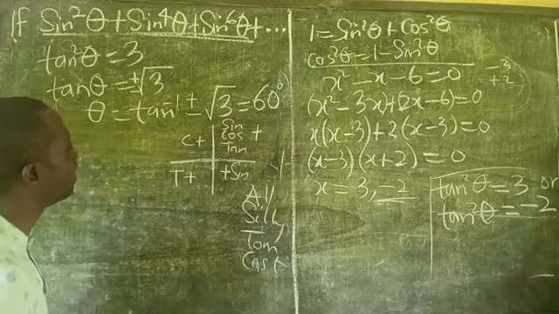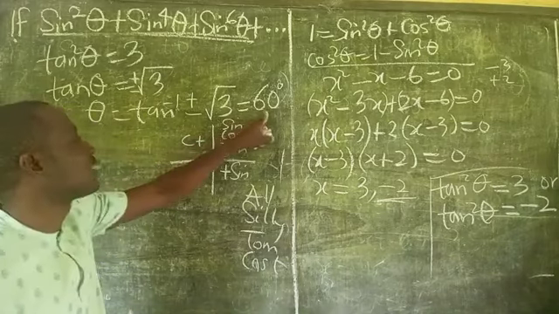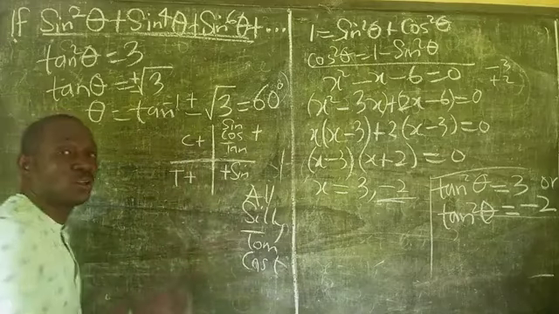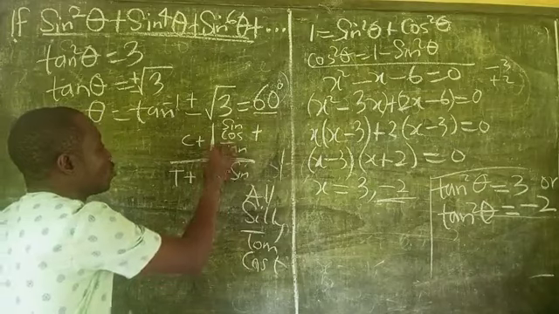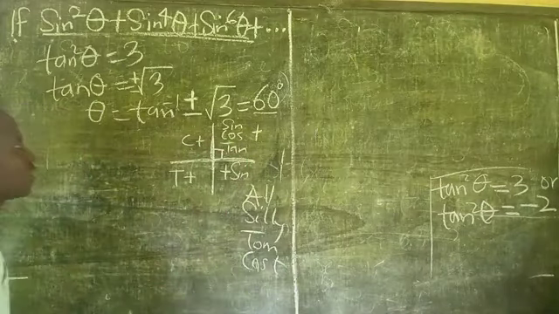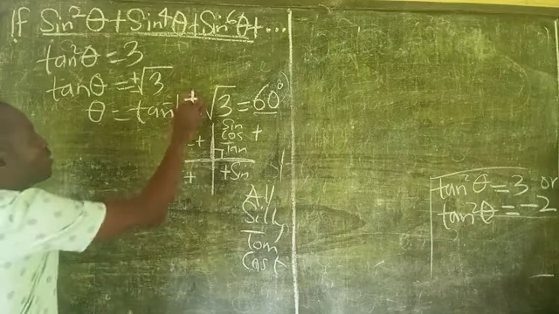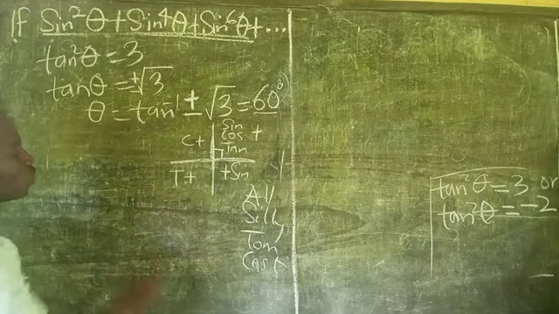So if we go by this, since we are asked to find the values of theta, now we have theta to be 60. The first value of theta is obviously 60 because it falls within the first quadrant, from 0 to 90. For the second value of theta as a positive angle, it will fall within the third quadrant.